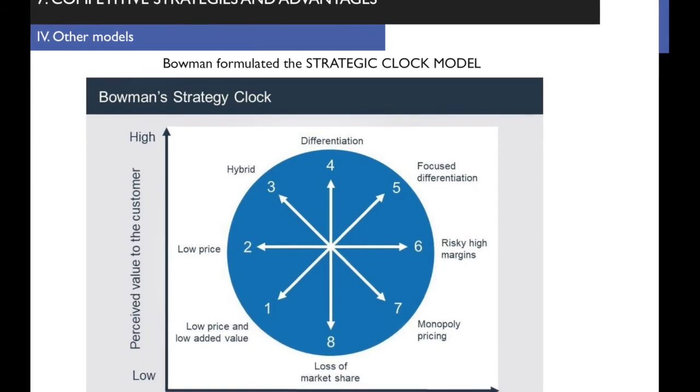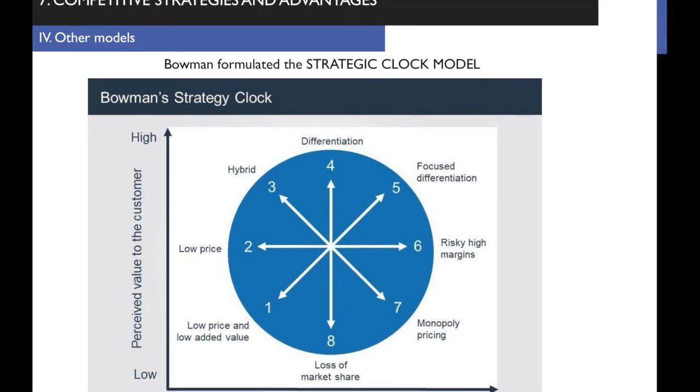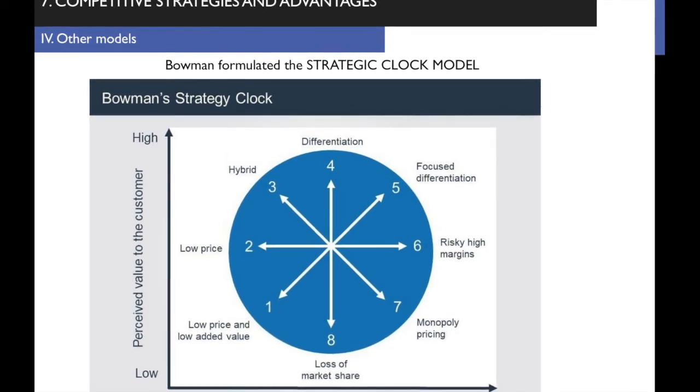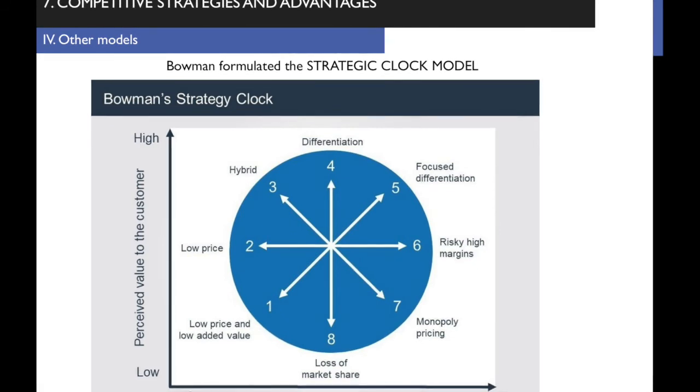Position 4 is similar to product differentiation defined by Michael Porter. So the value perception is high and the price is not perceived to be exaggerated. It's considered high but not tremendously high. For instance, we can state here Volkswagen, which is a brand of cars which is appreciated, people like it, and the price is considered to be affordable.